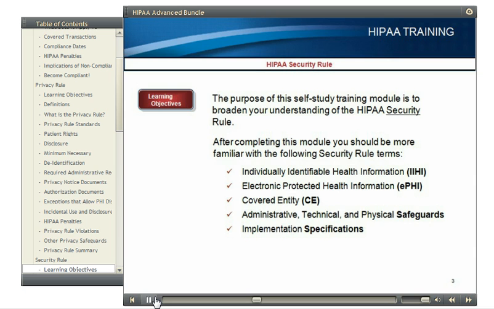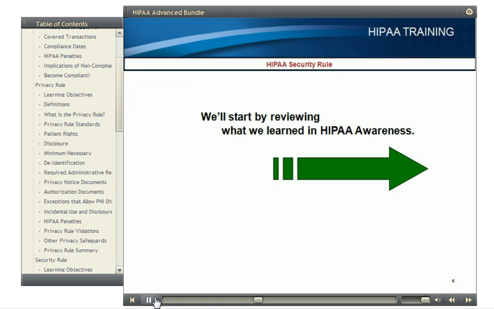After completing this module, you should be more familiar with the following security rule terms: individually identifiable health information, IIHI, electronic protected health information, EPHI, covered entity, CE, administrative, technical, and physical safeguards, implementation specifications. We'll start by reviewing what we learned in HIPAA awareness.